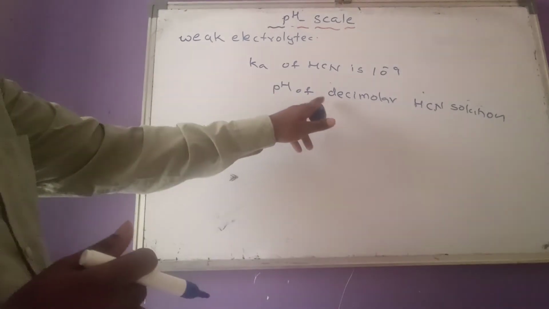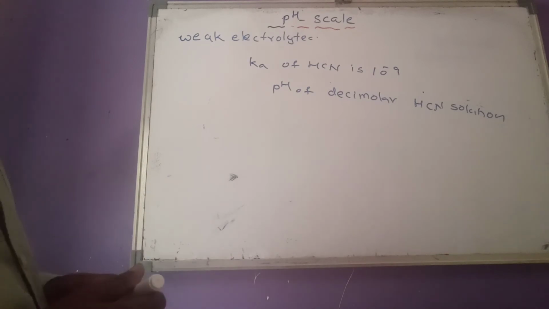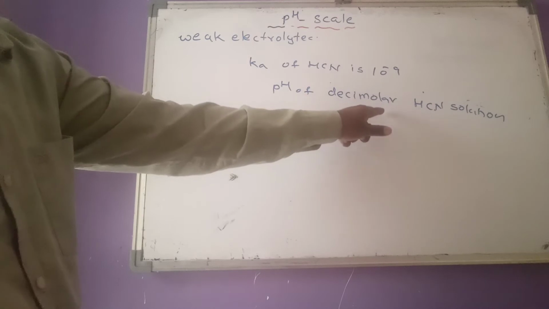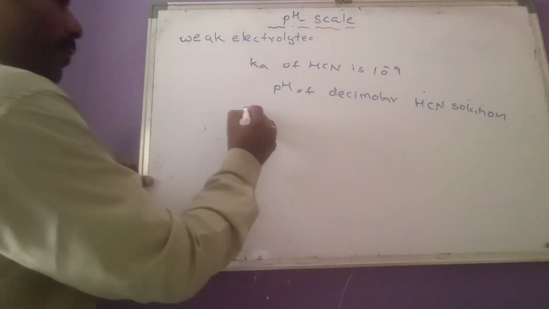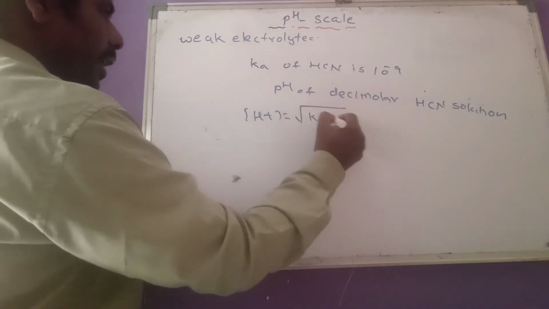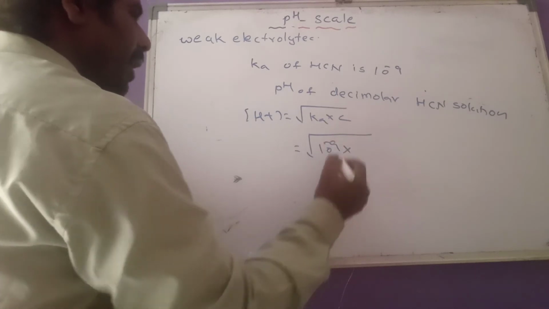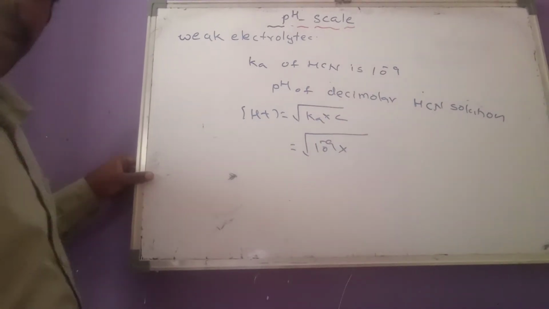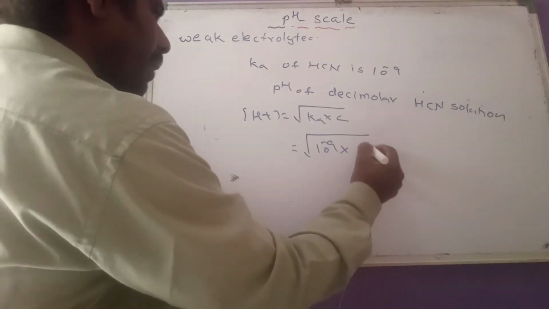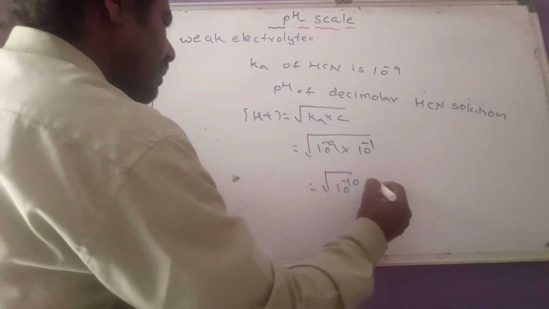To calculate the pH of the solution, we should know the H plus ion concentration. Here Ka is given, and decimolar means the concentration is given. So H plus concentration equals root over Ka into C. That means root over 10 power minus 9 into decimolar, which is 0.1, or 10 power minus 1, and we get 10 power minus 10.